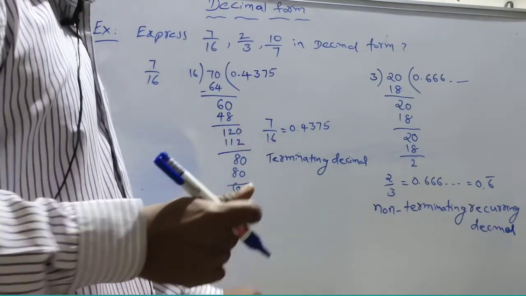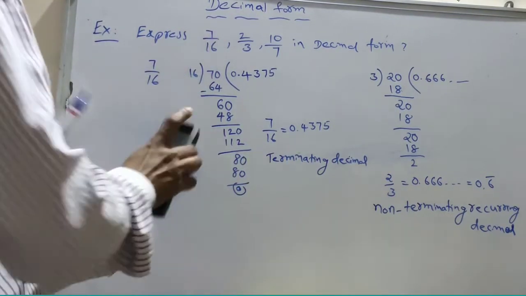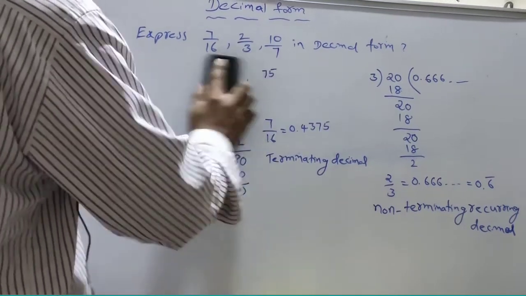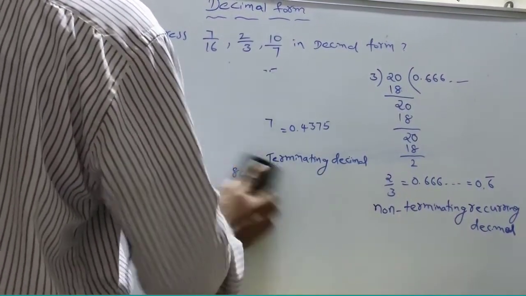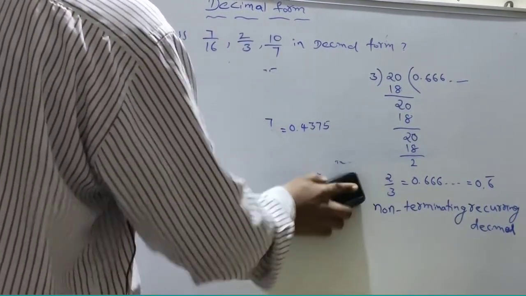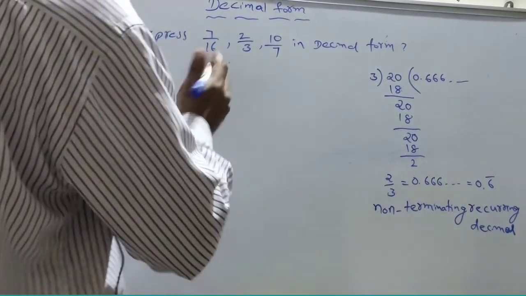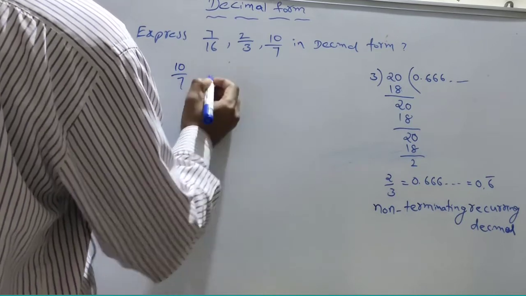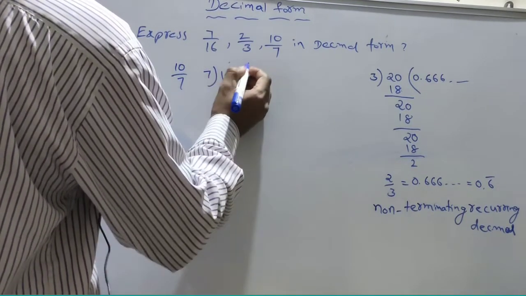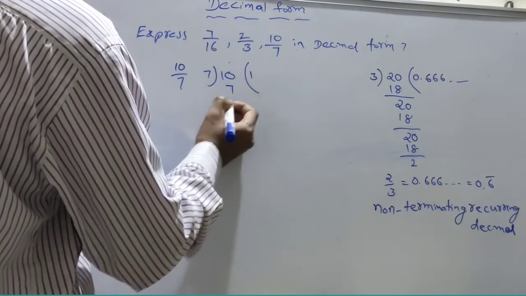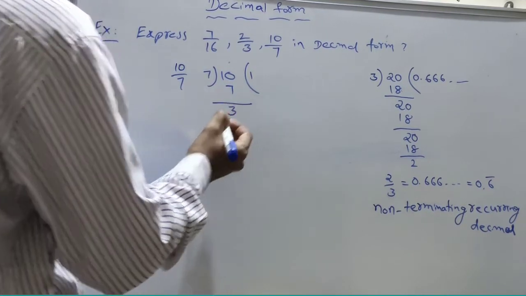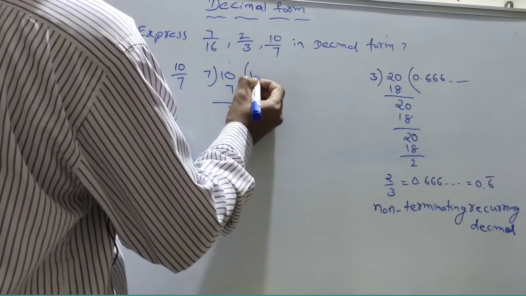Now again the third fraction, 10 by 7. In this 10 by 7 also we have to divide 10 by 7. Let us see, 7 table. 7 ones are 7, 10 minus 7 is 3. Okay, so keep your point.